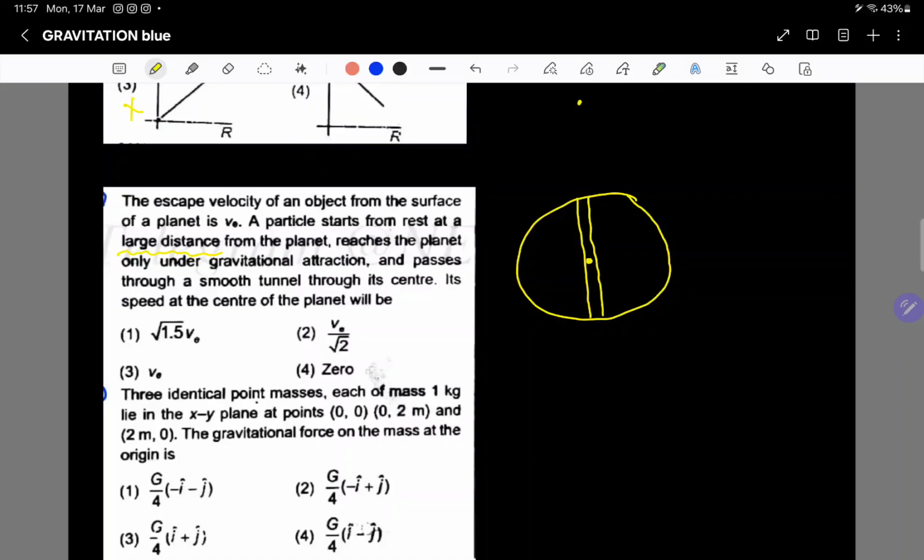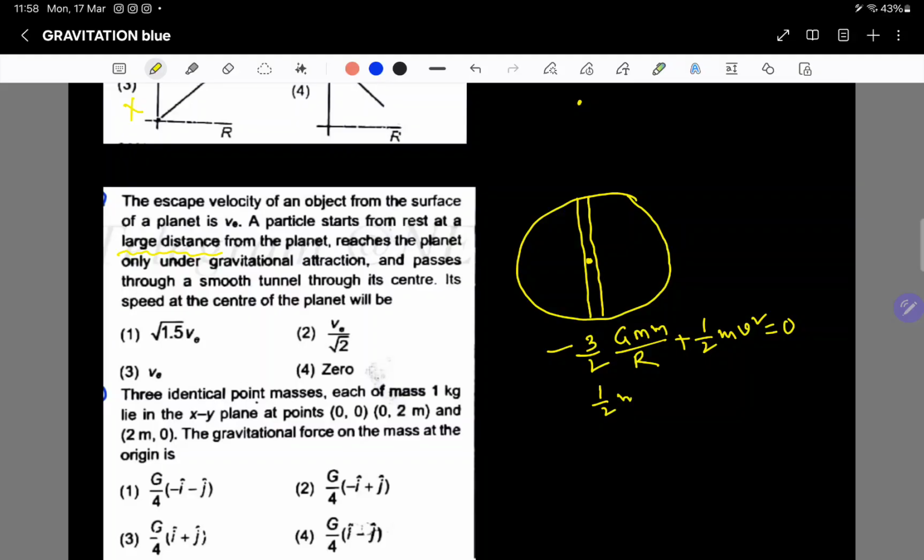Just conservation of energy, students. Gravitational potential energy converts to kinetic energy. The gravitational potential energy at the center is minus 3 by 2 times GM by R. This potential energy plus kinetic energy, half mv square, equals 0.